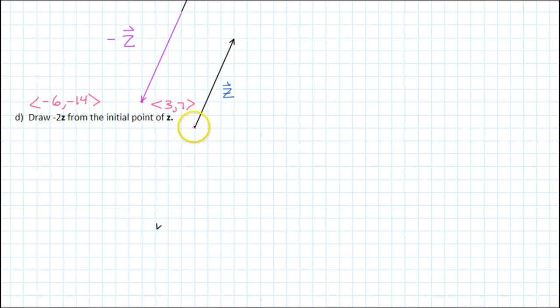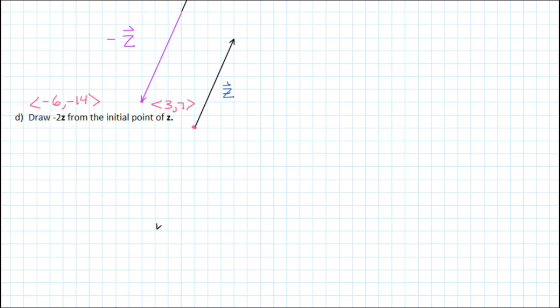From the initial point, I'm going to go to the left 6, so that's 1, 2, 3, 4, 5, 6, and then negative 14. So 1, 2, 3, 4, 5, 6, 7, 8, 9, 10, 11, 12, 13, 14.